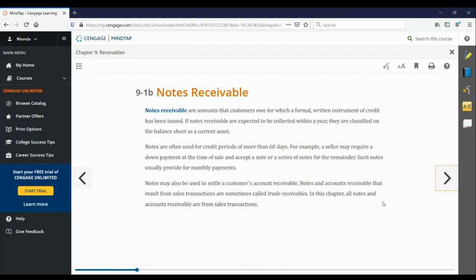Usually notes will draw some type of interest that you can earn off of those notes. And so notes can be given in exchange for a customer's account receivable if the customer is either slow paying or not able to pay us within the due date of the account.